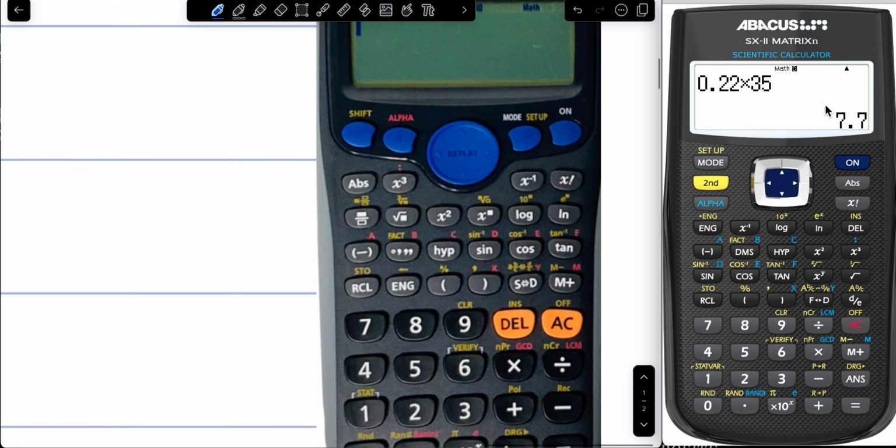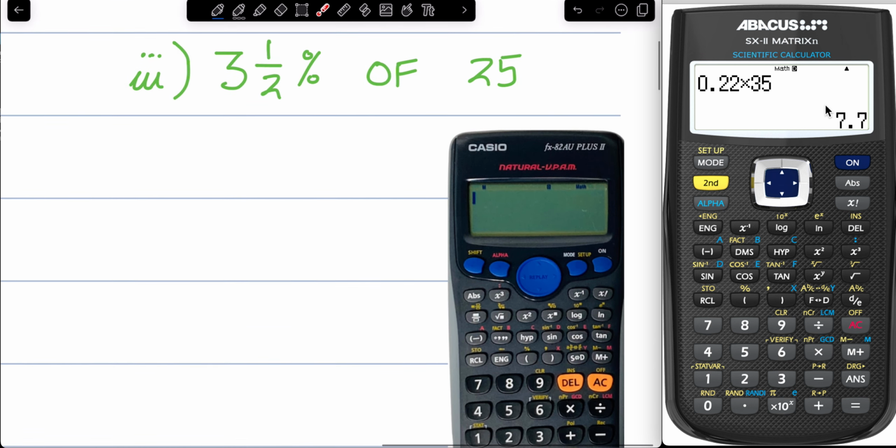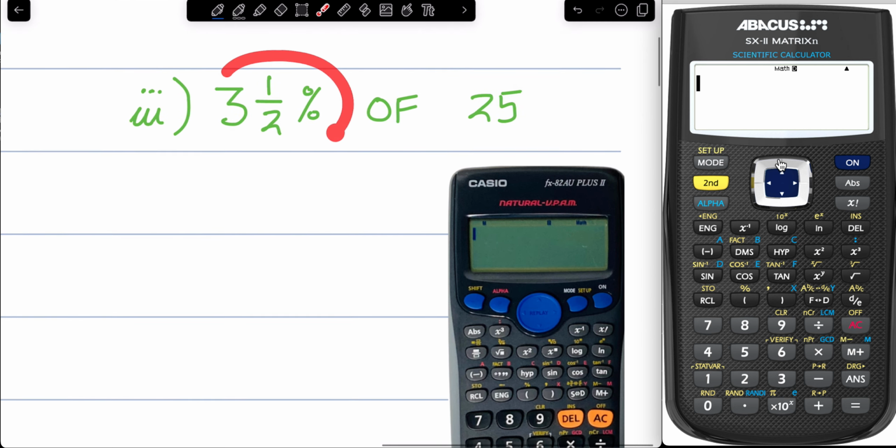Now for the last way, when it comes to using a calculator, we're actually going to be using this percentage button that's always been here. And for this, we simply type it as we see the question. So if you want to type in a mixed fraction such as this, you do shift or second function, and you press the fraction. You get this input.